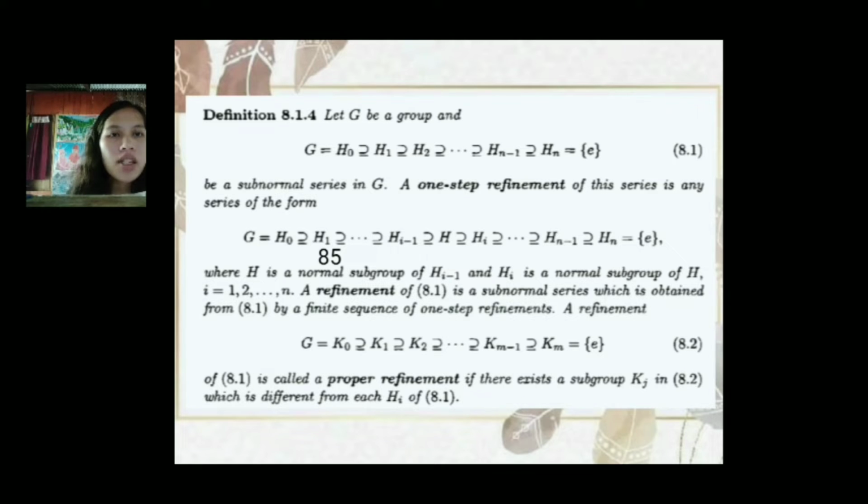A refinement G = K_0 ⊇ K_1 ⊇ K_2 ⊇ ... ⊇ K_{m-1} ⊇ K_m = {e} of 8.1 is called a proper refinement if there exists a subgroup K_j in 8.2 which is different from each H_i of 8.1.